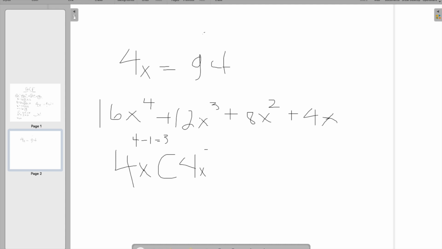So it's 4x to the third power, and then next is 12 divided by 4, which is 3, and then x to the third power divided by x, which is x to the second power, plus 8 divided by 4, which is 2, and x squared divided by x is just x. And last, 4x divided by 4x is just 1.